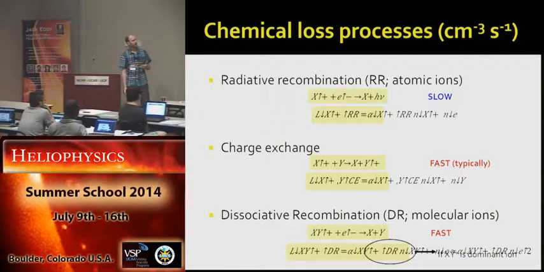And then molecular ions can undergo charge exchange, but they can also dissociatively recombine with an electron. And this process is also fast. If you have the terminal ion in your ionosphere, if it's a molecular ion, then this is going to be the dominant loss process for that terminal ion.